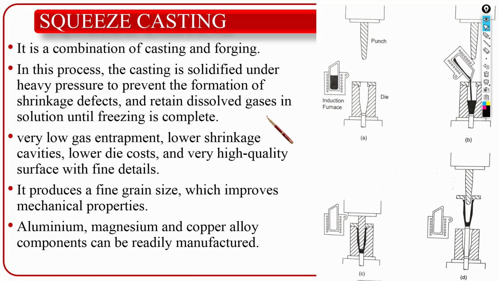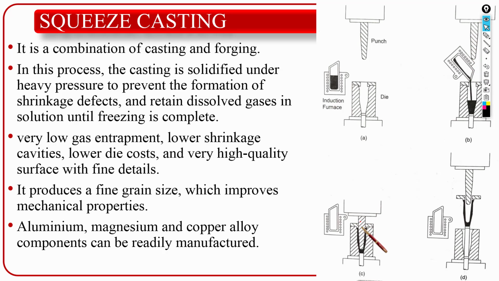Now I told that continuous casting and squeeze casting, actually they use the forging and casting method. So here forging is used, you see. If we want this kind of shape, what is done is molten metal is poured inside this, and this is a punch.